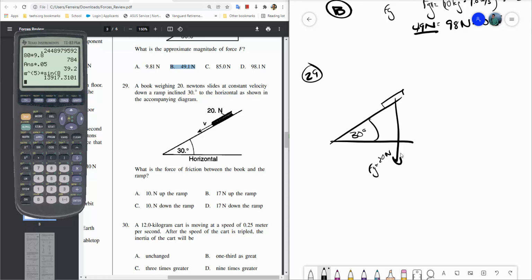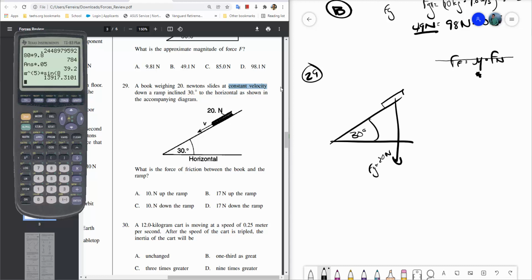Well, force of friction is equal to mu times normal force. Unfortunately, it did not give us anything about mu, so this equation is completely useless to us right now. How are we going to get the force of friction, you might ask? Well, it's at a constant velocity.